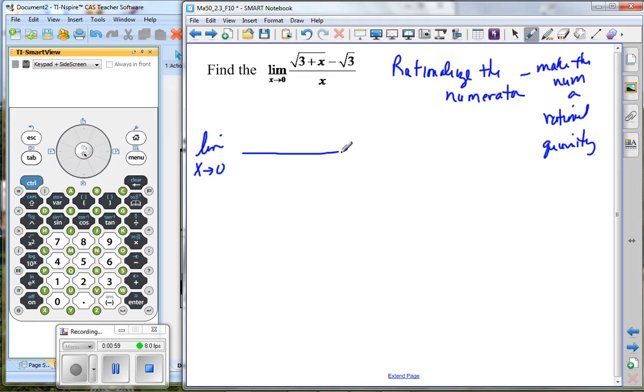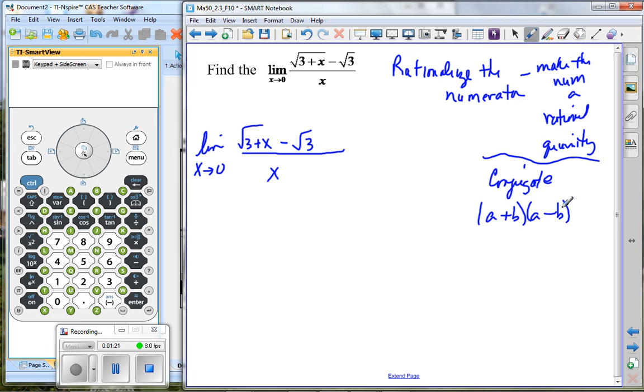0. And we're going to have to use an item for this known as the conjugate. If you recall, the conjugate is a plus b, the quantity a minus b is always going to be the format of our conjugates, where we are going to use the same item, but we're going to change the sign in here.